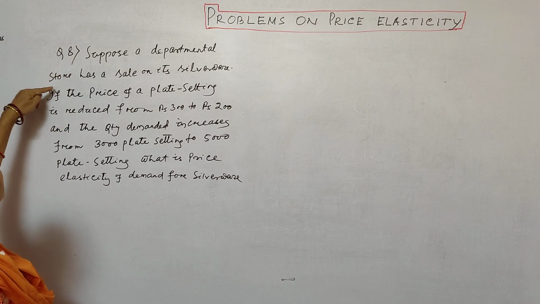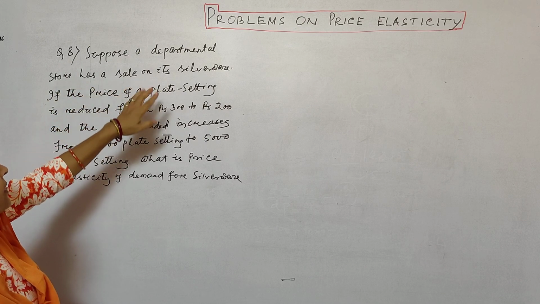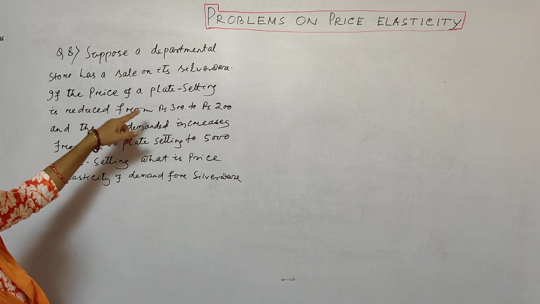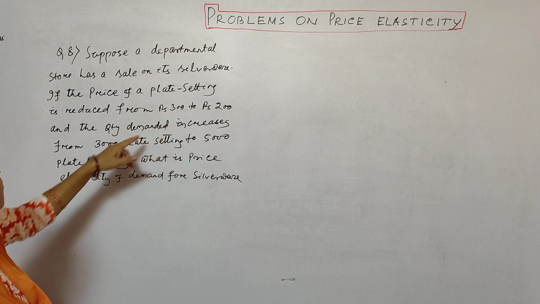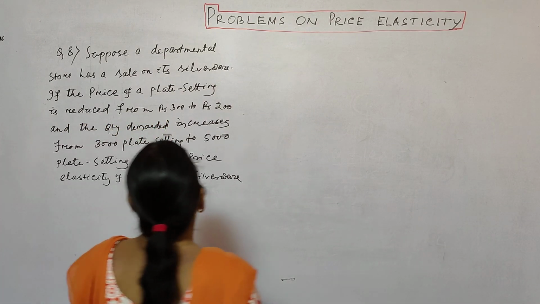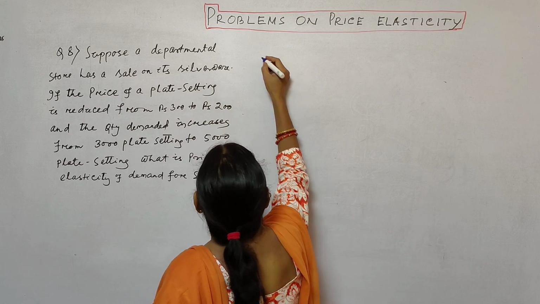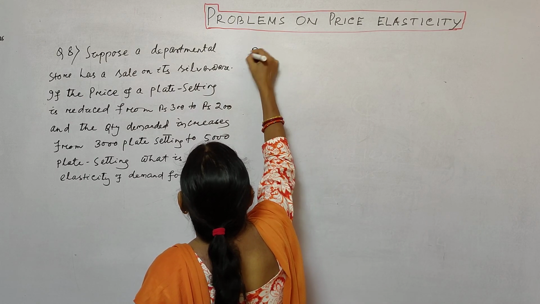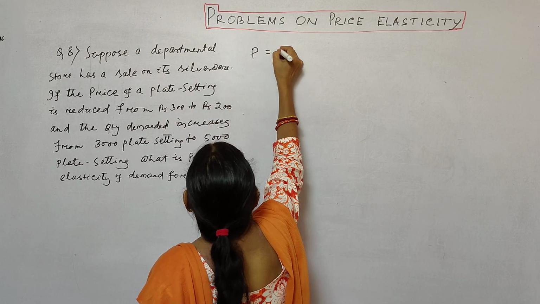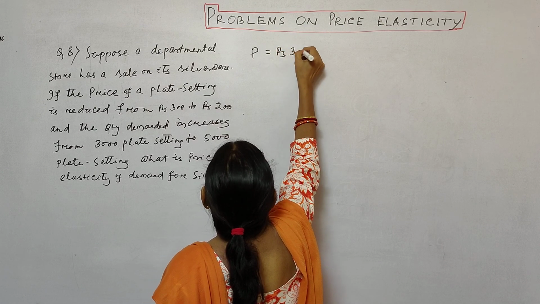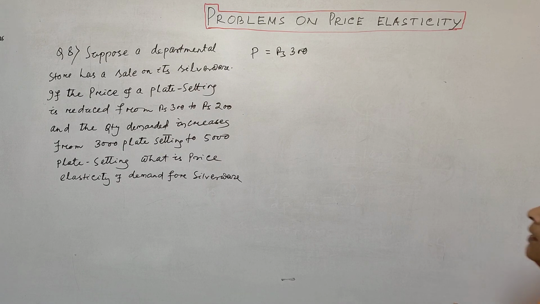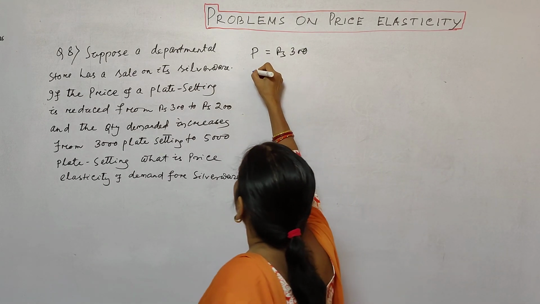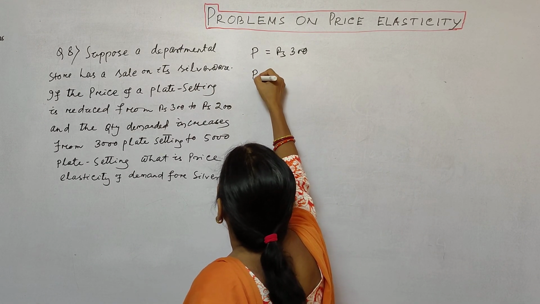Suppose a departmental store has a sale on its silverware. If the price of a plate setting is reduced from rupees 300 to rupees 200, now the first information in front of us is price. Initial price equal to rupees 300. The price reduced from 300 to 200. Now the price goes down.